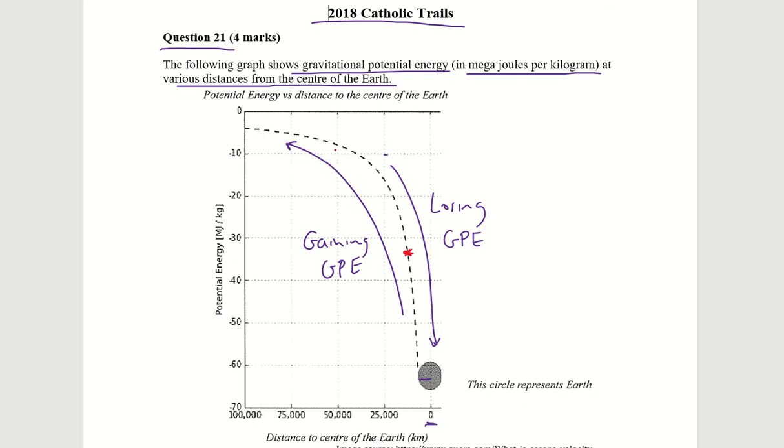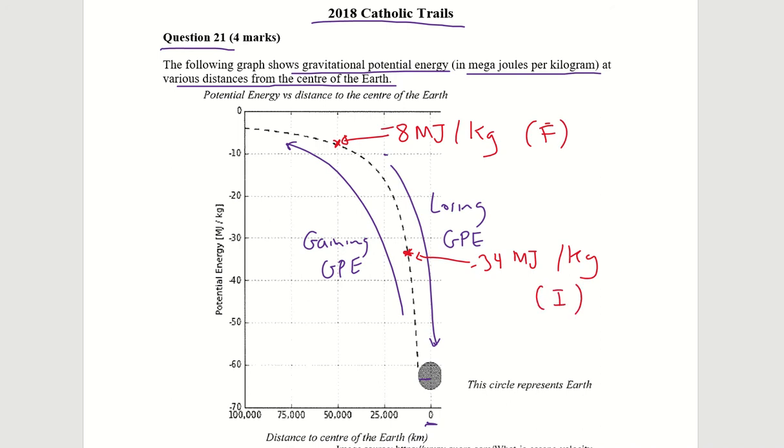And we get to the 50 mark, which is around this point here. So we do a couple of estimates. At this point here, we have about minus 34 megajoules per kilogram. And at this point here, we have about minus 8 megajoules per kilogram. Okay, so this is our final point here. This is our initial point here.